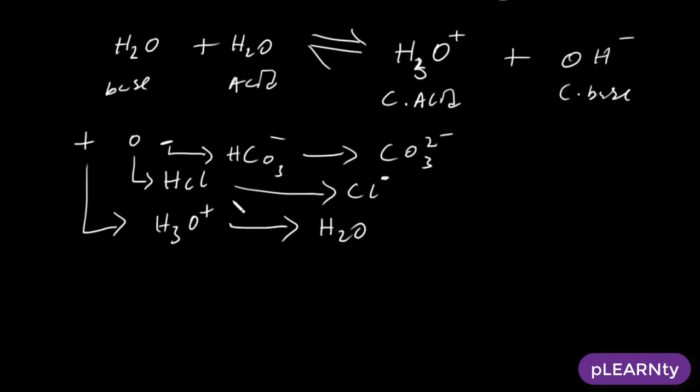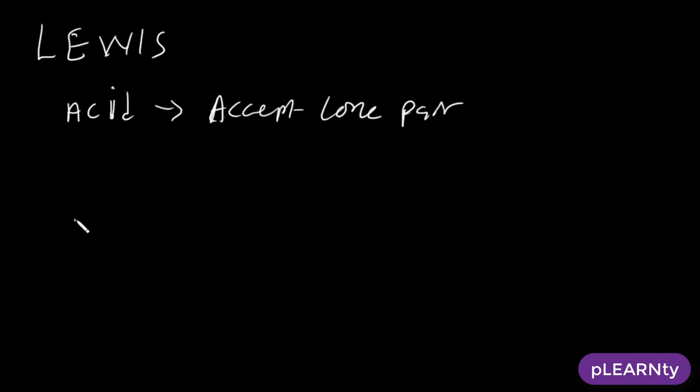So let's move to Lewis' definition of acids and bases. According to Lewis, acids are chemical species that accept a lone pair of electrons, while bases donate a lone pair of electrons. Acid accepts a lone pair of electrons.